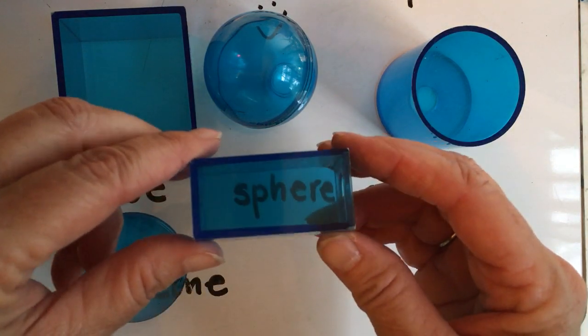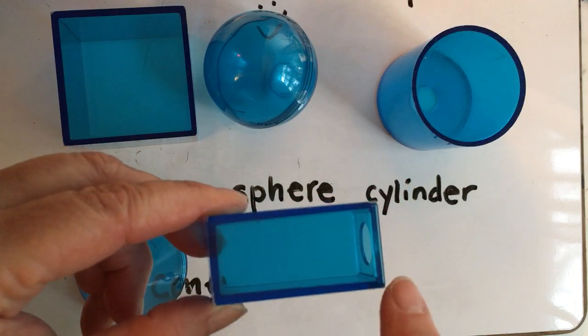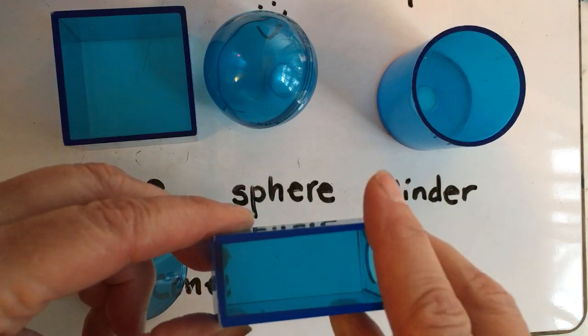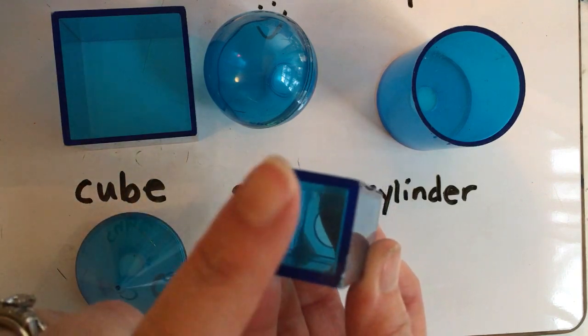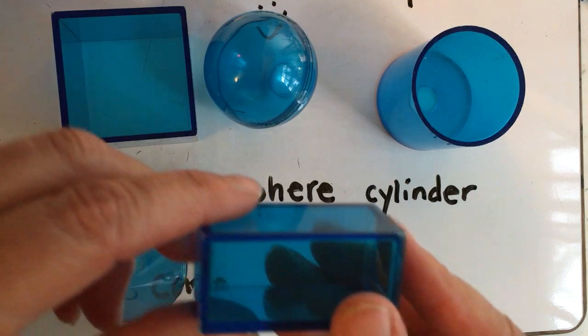Check this one out. So these faces are what? Rectangles, right? And the ends of this one happen to be a square, which of course we know are rectangles too.